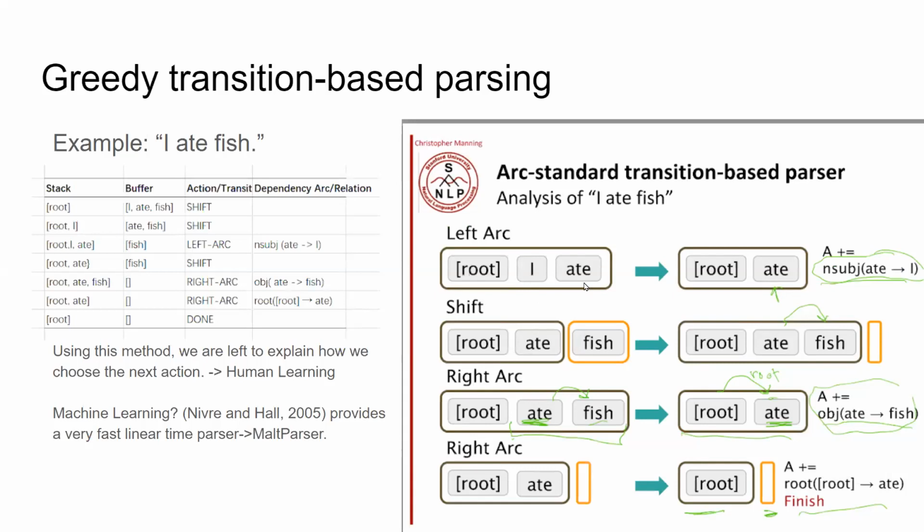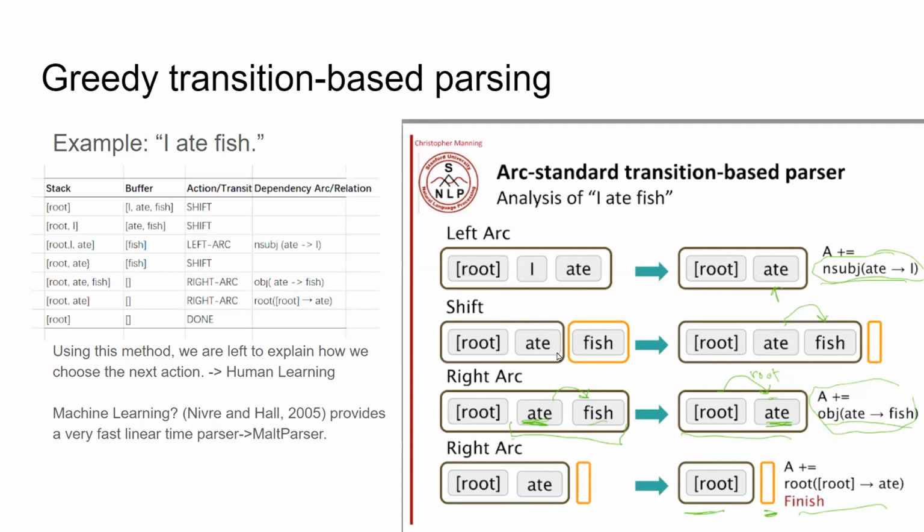Does it make sense? So after doing this action, we have ate and root here in the stack because we removed the second top word, the I. And looking at the stack, what shall we do right now?